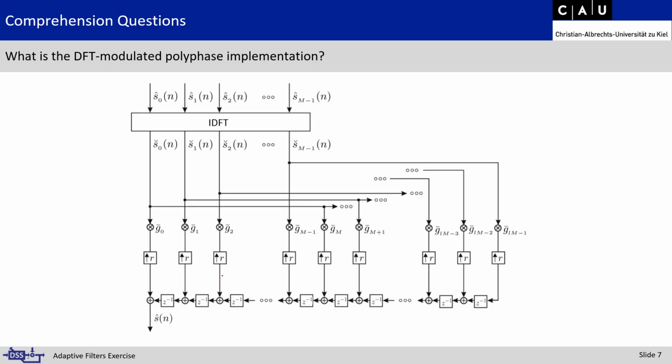And when we then look at the synthesis filter bank, there we also apply the IDFT, but here we then have to spread our subbands out again to N samples, to N channels. So we use our first channel again for 0 and M and 2M and so on, like we saw earlier when we added.